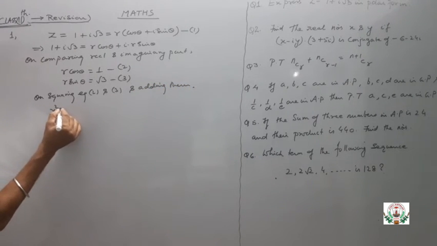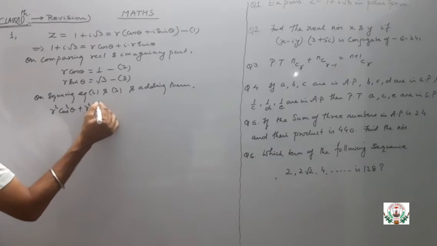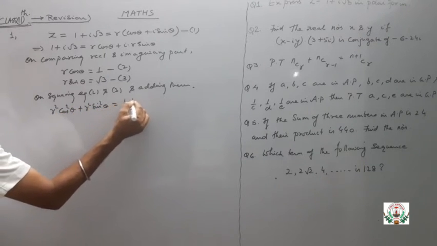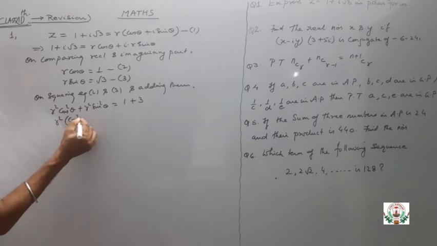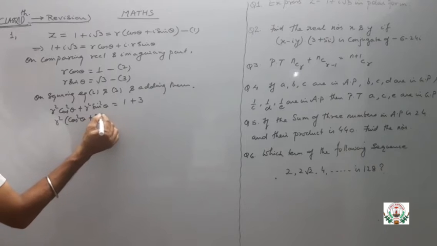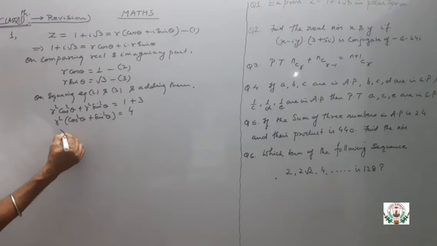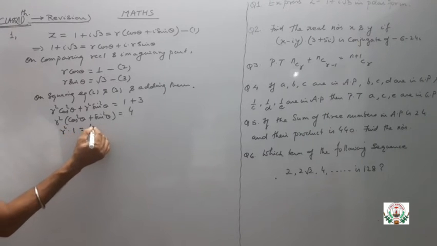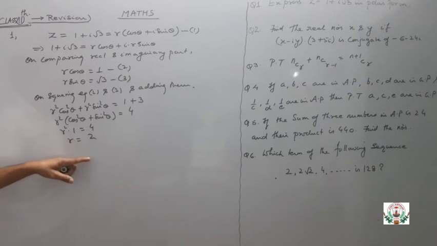So r square cos square theta plus r square sin square theta equals 1 square, which is 1, plus root 3 square, which is 3. Taking r square common, cos square theta plus sin square theta equals 1 plus 3, which is 4. Cos square theta plus sin square theta is 1, so r will be equal to the square root of 4, which is 2. As the modulus is always positive, we will not take the negative value, we will always take the positive value.